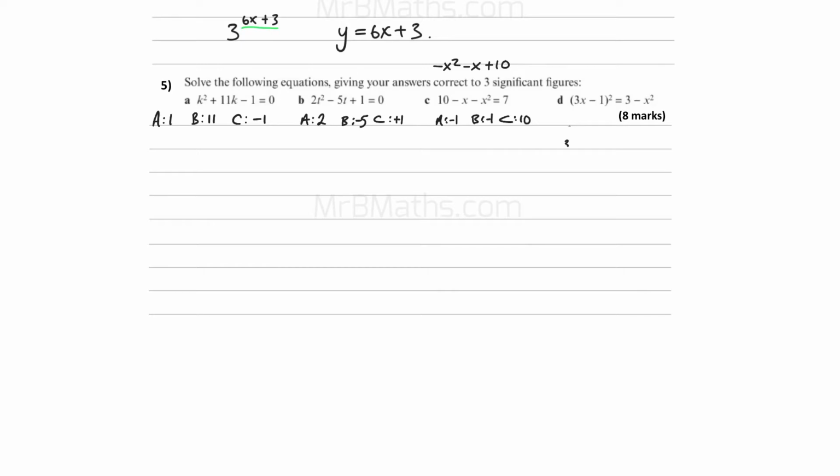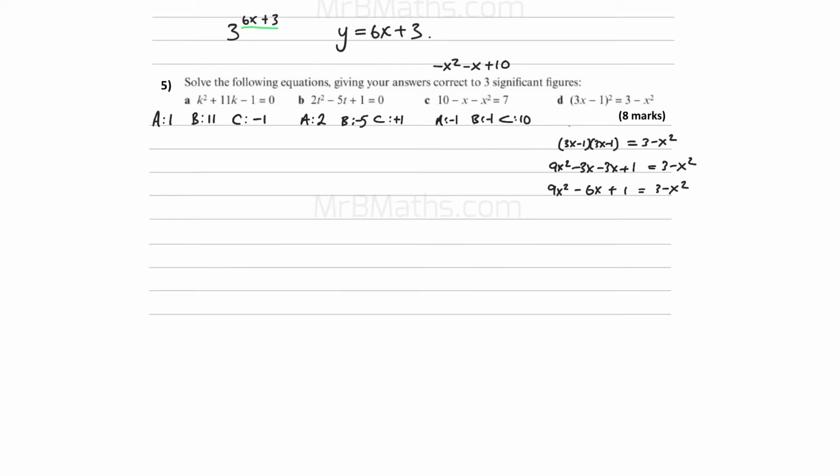So we've got 3x minus 1, 3x minus 1 equals 3 minus x². If we expand this now, we've got 9x² minus 3x minus 3x plus 1 equals 3 minus x². If we bring that across, we'll have 9x² minus 6x plus 1 equals 3 minus x².